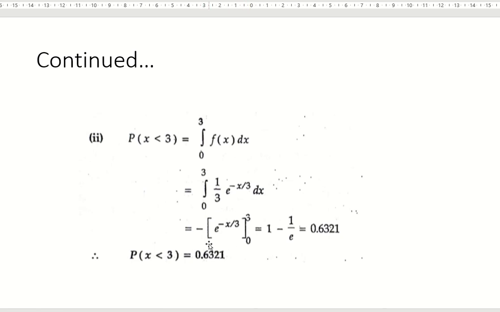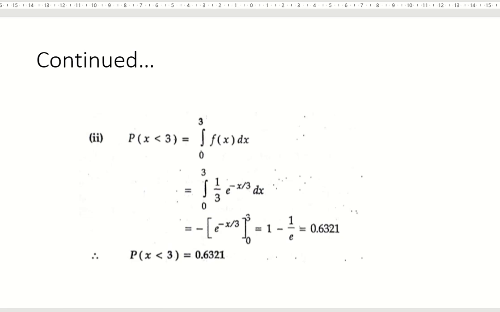So 1 by 3 gets cancelled. Remaining is minus e power minus x by 3. Limit from 0 to 3. Apply upper limit. So minus keep outside, e power minus 1 minus e power 0. That is 1 minus e power minus 1 or 1 minus 1 by e, which is equal to 0.6321. So this is the final answer for the given condition.